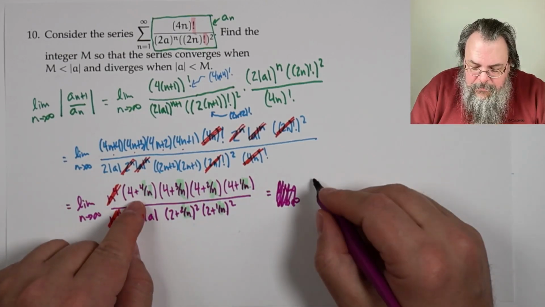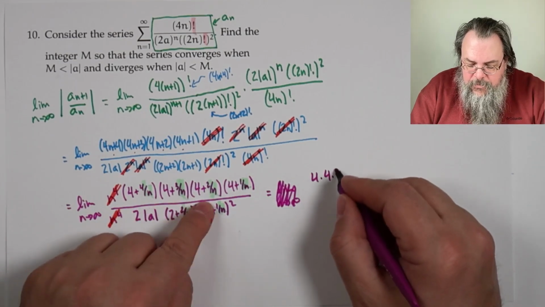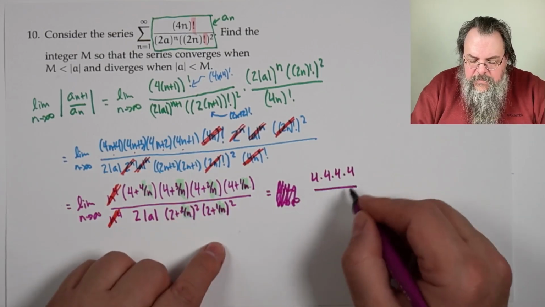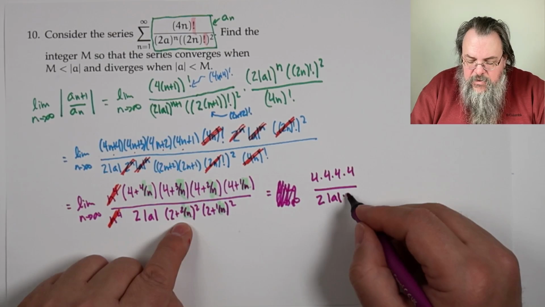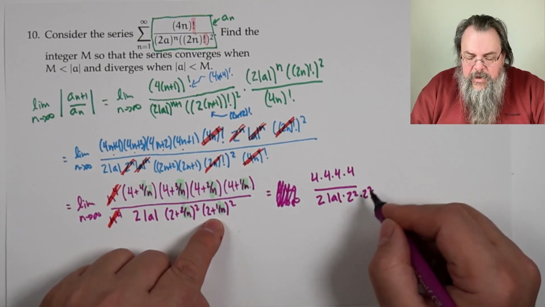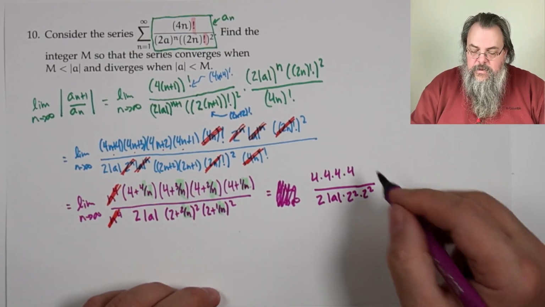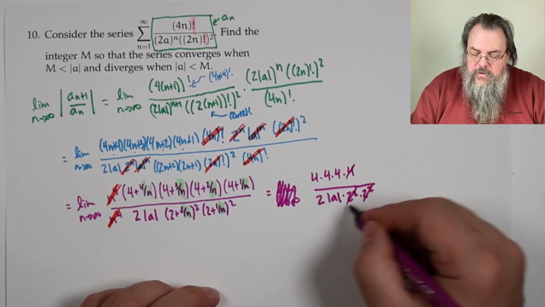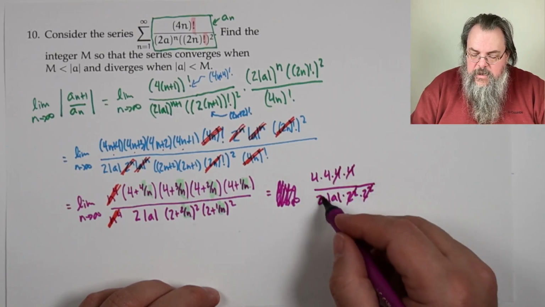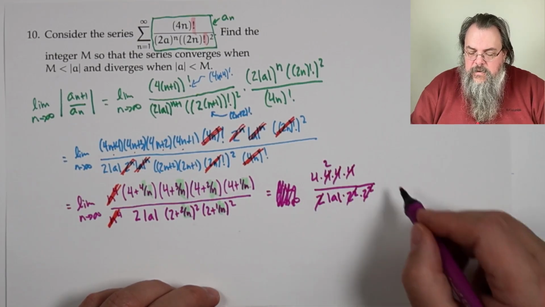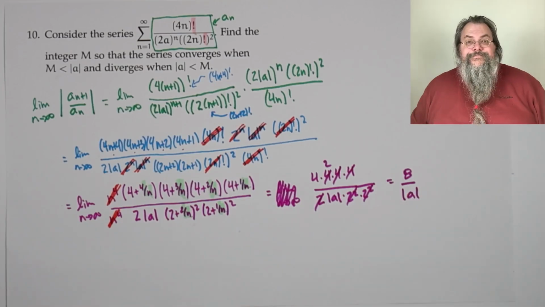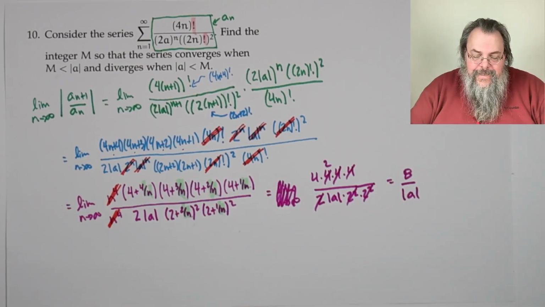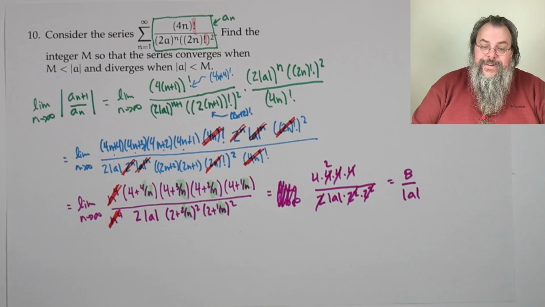We have 4 times 4 times 4 times 4 divided by 2 times absolute value of a times 2 squared times 2 squared. The 2 squared goes into 4, 2 squared goes into 4. So we have 8 over absolute value of a. Huzzah!